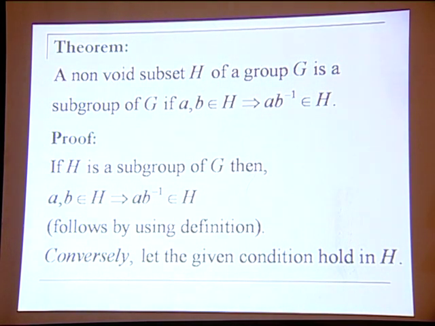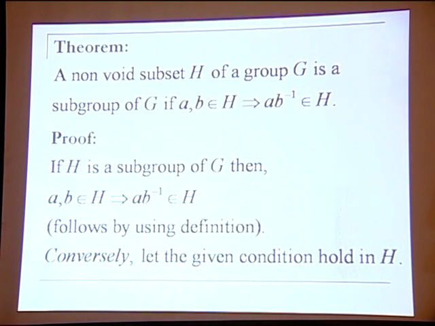H is a subgroup of G, so it is a group, and if b belongs to H, this implies b inverse also belongs to H. So if a belongs to H and b inverse belongs to H, this implies ab inverse belongs to H because of the closure property. When two elements belong to H, their product is also an element of H. So that follows from the definition.